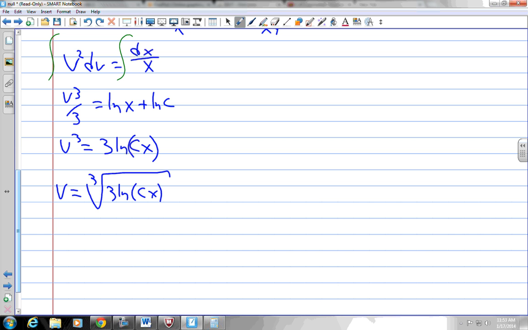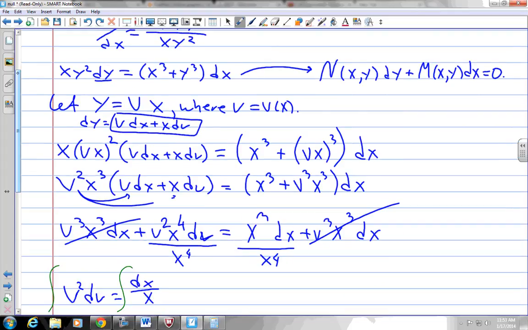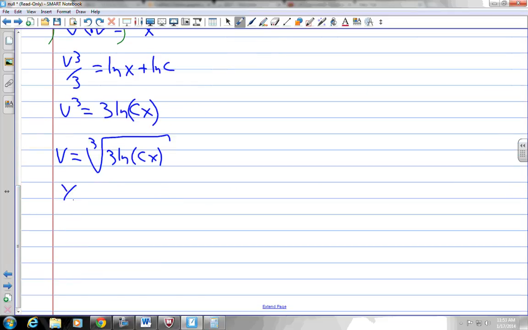Well, what is v? If we hopefully still remember, y equals vx, so that means v is y over x, right? So I can replace v with y over x. So y over x equals the cube root of all that. So y is x times the cube root of all that.